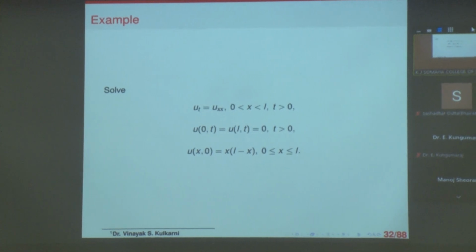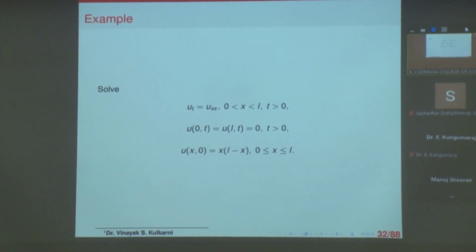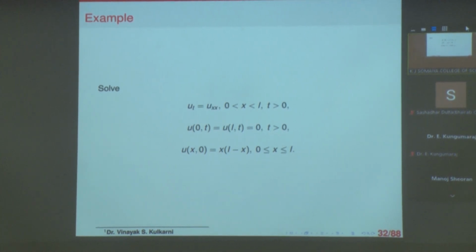On the basis of that particular Fourier law of heat conduction, he developed the one-dimensional heat equation, and then we solved one boundary value problem, which is published by Joseph Fourier himself in the year 1822.